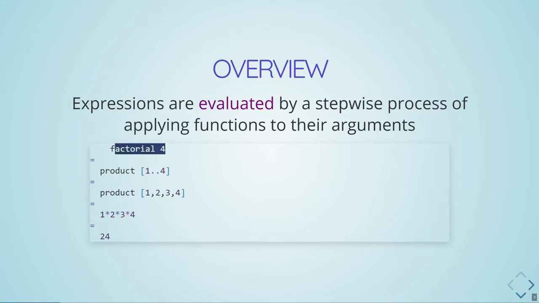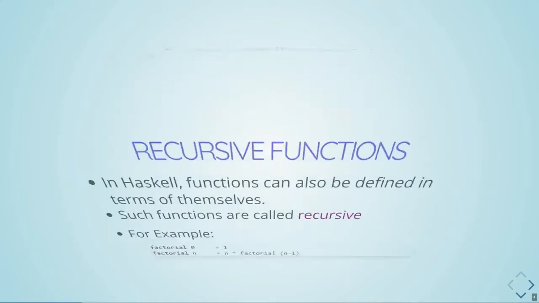So factorial 4 is defined as the product of the list of 1 dot dot 4. One of the first things we would do is expand this list to be 1, 2, 3, 4. And then we would take the product of that list, which would basically just insert multiplications between every element, and then we would evaluate that arithmetic to 24.